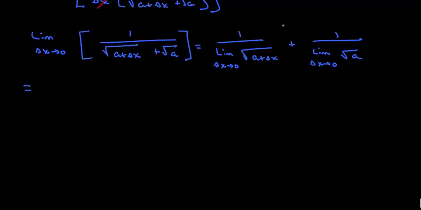Okay, so this first part right here is equal to just 1 over the square root of a, because as delta x goes to 0, this guy goes to the square root of a. So this is going to be 1 over the square root of a. That's this first guy.